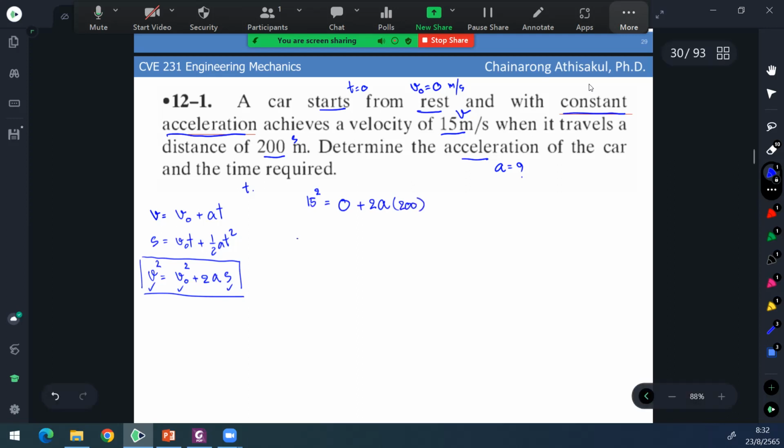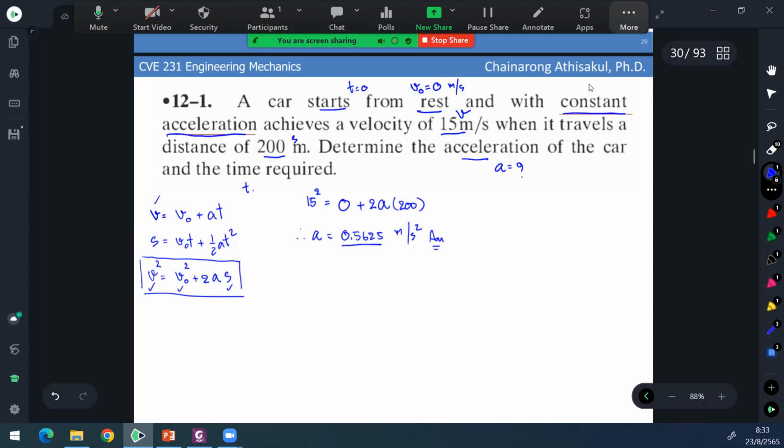For this case, we can determine a, which is equal to 0.5625 meters per second squared. This is the answer to the first question. For the second one, we would like to find the time.